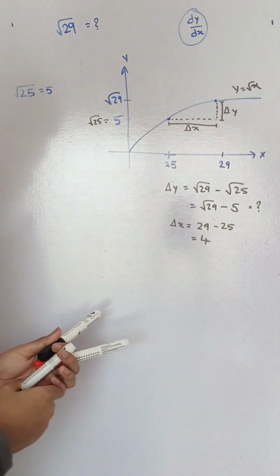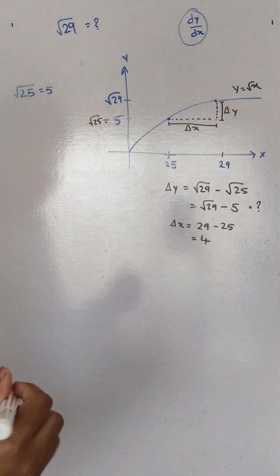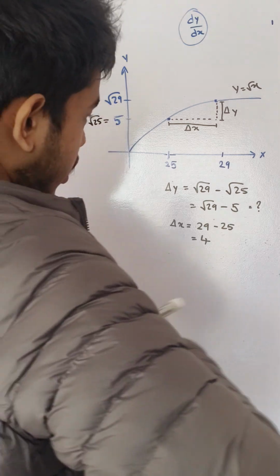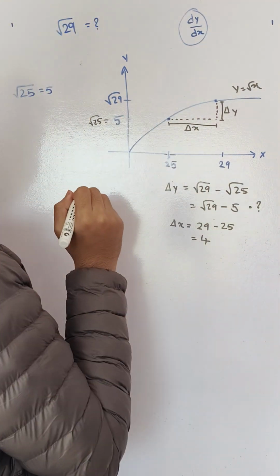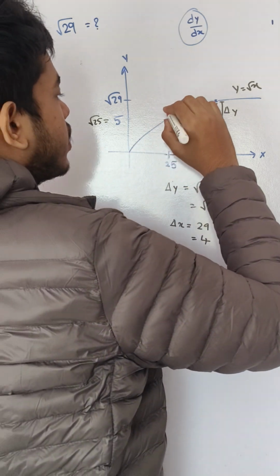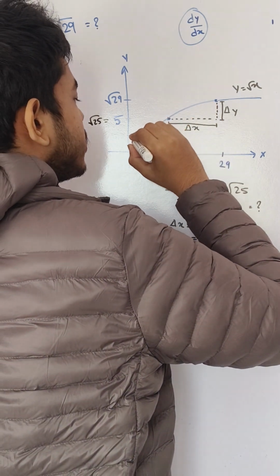Now, see. Let's take a tangent at the point 25, 5.